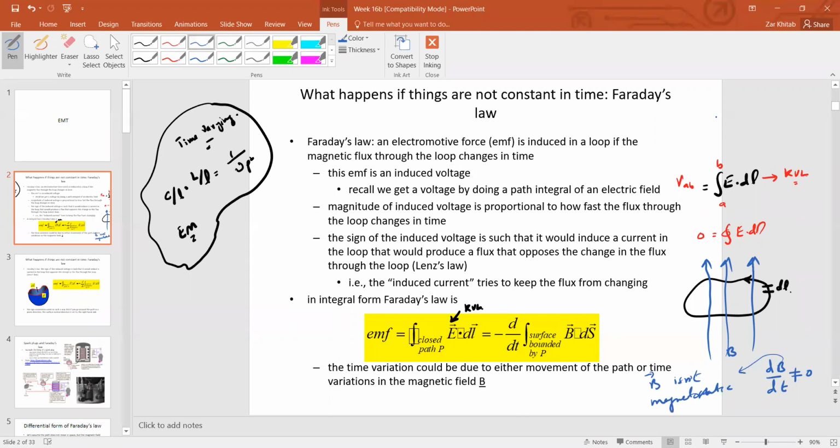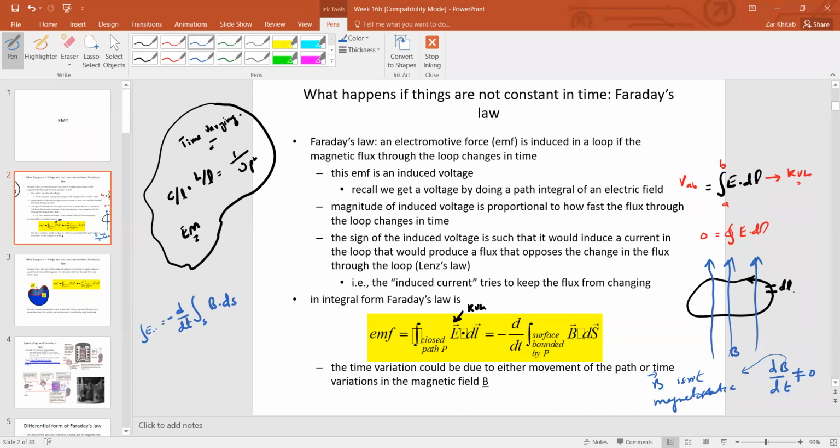So when the partial derivative of the magnetic field with time is not zero, then the surface integral of B dot ds, differentiated with respect to time, is going to give us the electric voltage in a closed loop.